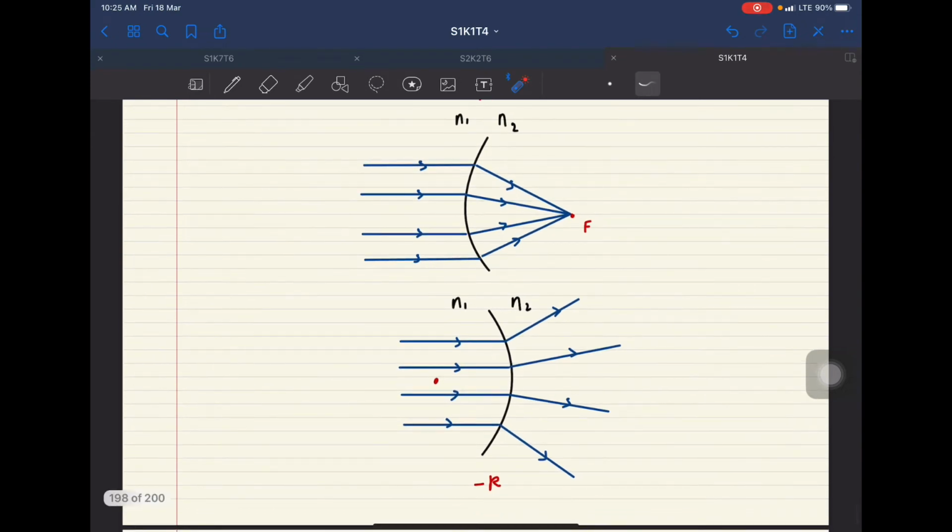On the other hand, if you have a curve like this, okay, from this point of view, then you see that this one looks like a concave lens. Okay, the lights will be diverging from the focal length. Because of that, R is negative.